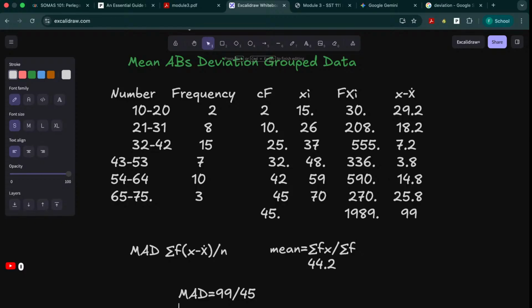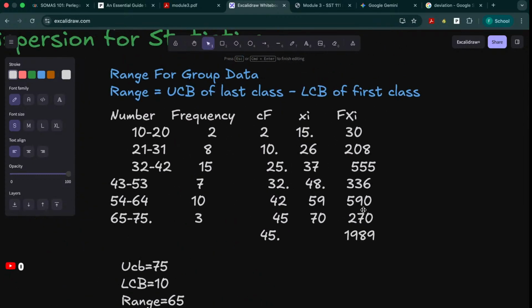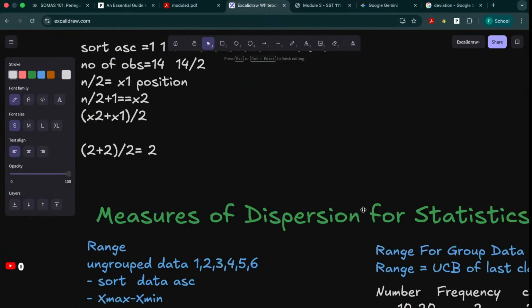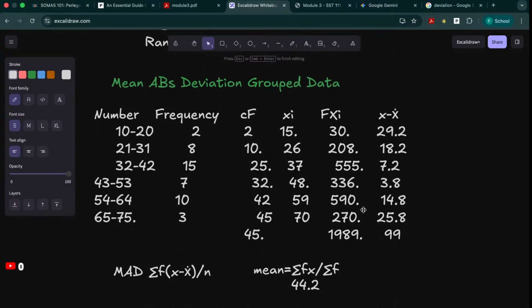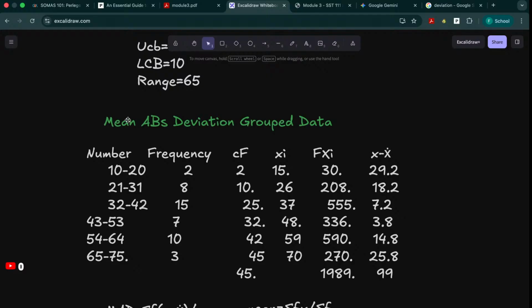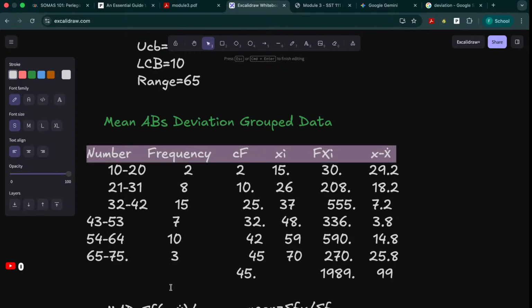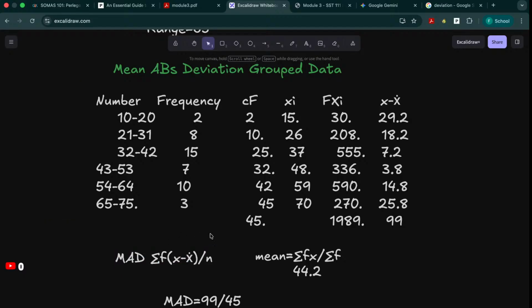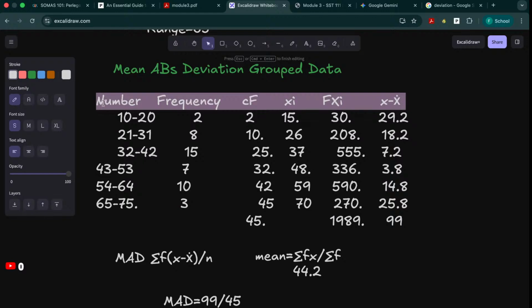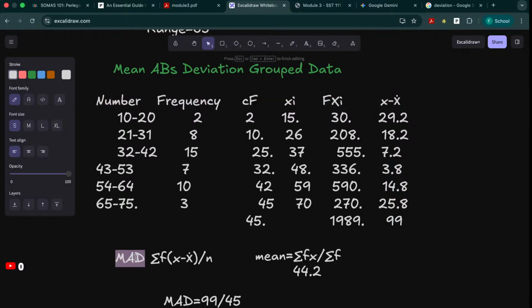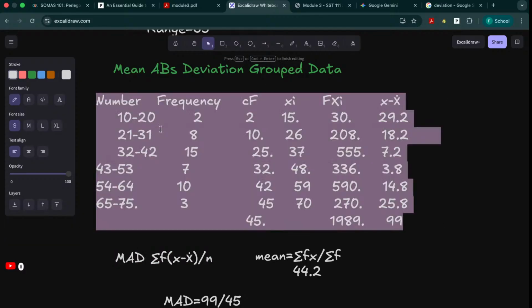This should give us 2.2. So let's try it here.